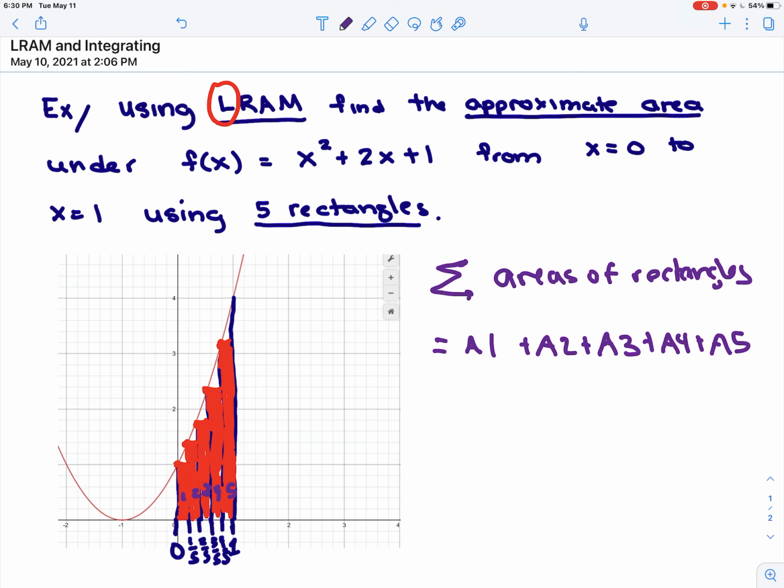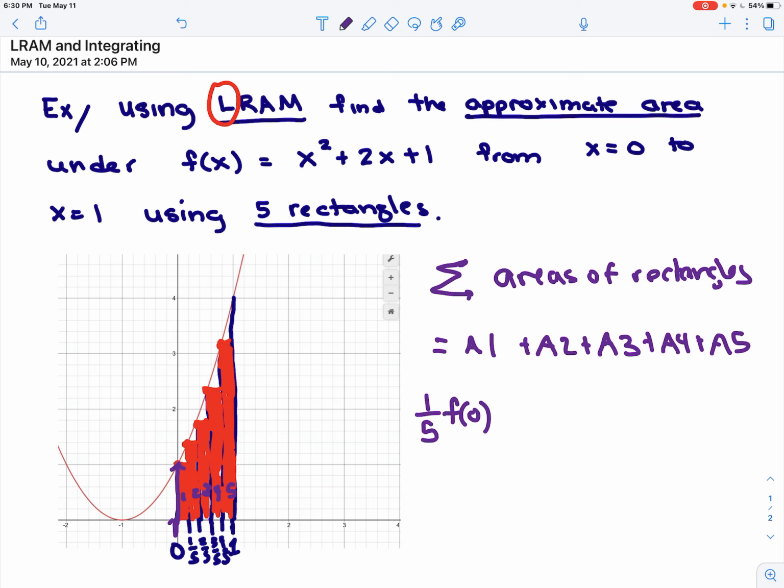Okay, now let's just look at how we get those areas. So area 1, the width of it is 1/5 because I took the interval 0 to 1 and divided it up into 5 rectangles. And then the height of it is the left of the interval, which is 0. Evaluate it in the function.